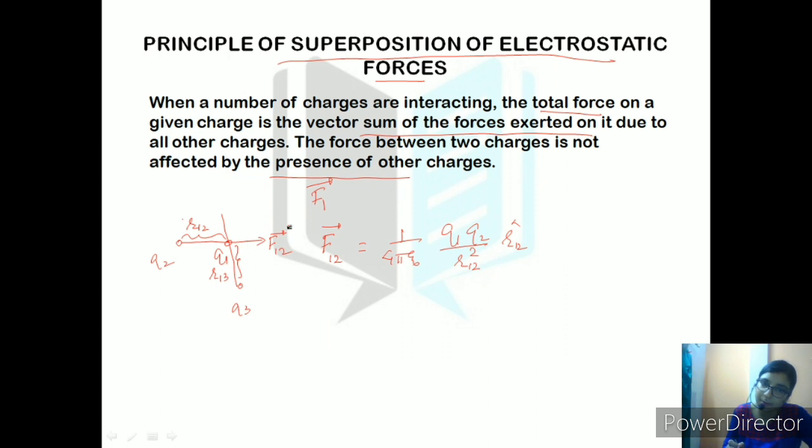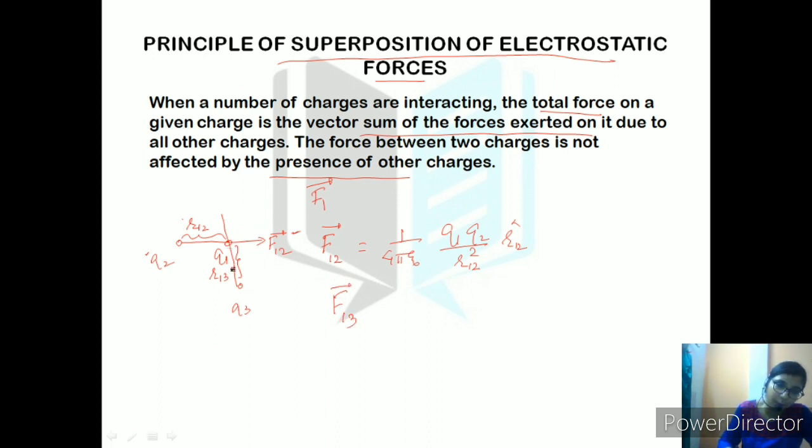When finding this first force, we treat Q3 as if it is not present. Now we will neglect Q2 as if it is absent, because it will not affect the force on Q1 due to Q3. So now we will find the force on 1 due to 3.